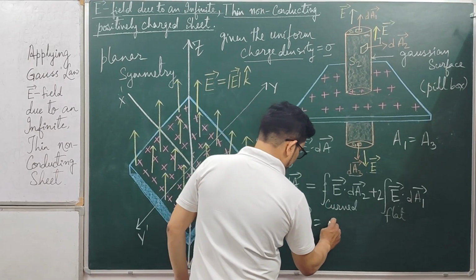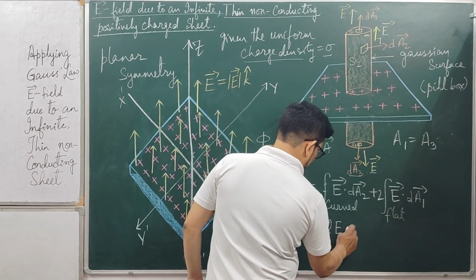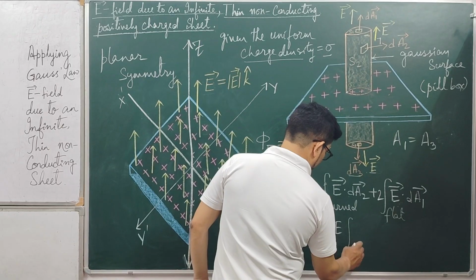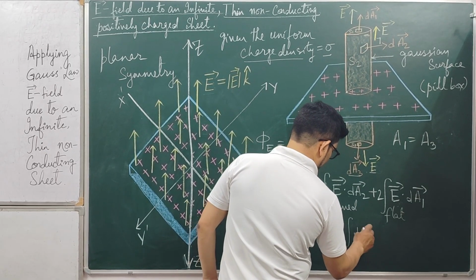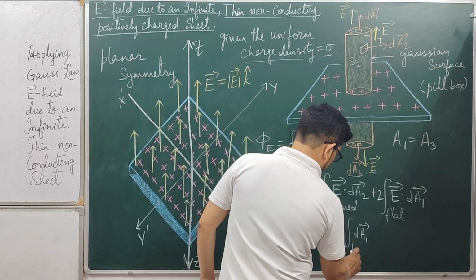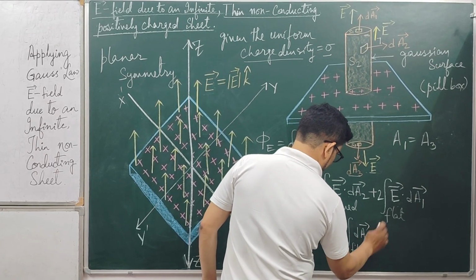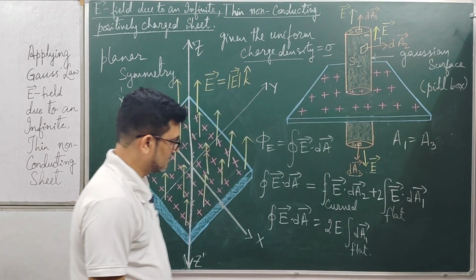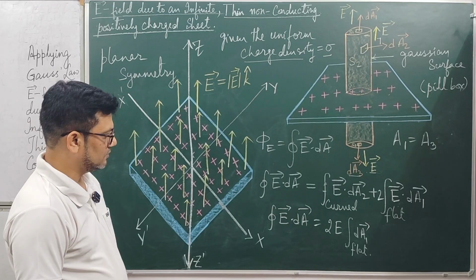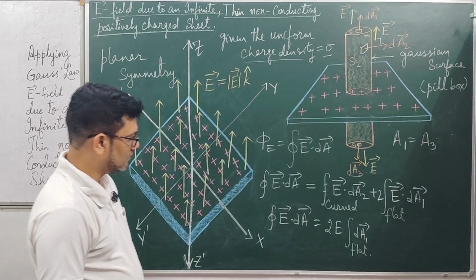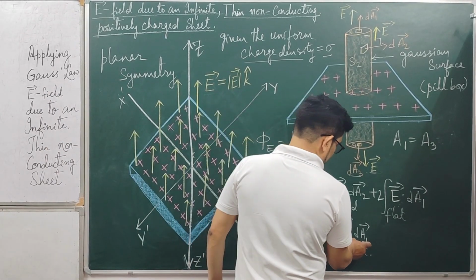is equal to twice of E times the integral of dA1 over flat. Now E1 is equal to E2, and dA1, how much is it going to be?